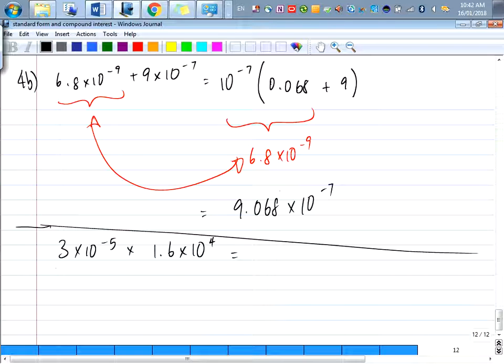For those who are done with 4B already, please take a look at this question at the bottom and try it without using a calculator. Three times 10 to the power negative 5 times 1.6 times 10 to the power 4.